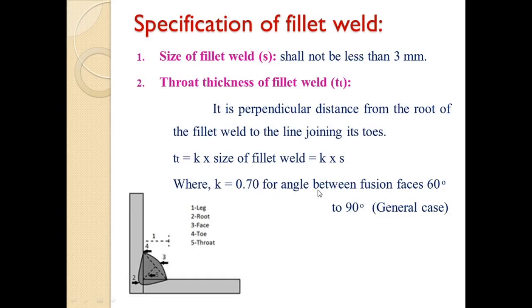If the angle is greater than 90 degree, that is 91 to 100 degree, we take K equal to 0.65, and for the angle 101 to 106, it is taken as 0.60. But in fillet weld, the general case is that the angle between the fusion faces is 60 degree to 90 degree. Therefore we take the value of K generally as 0.70. So the throat thickness we can write as 0.70 into S.